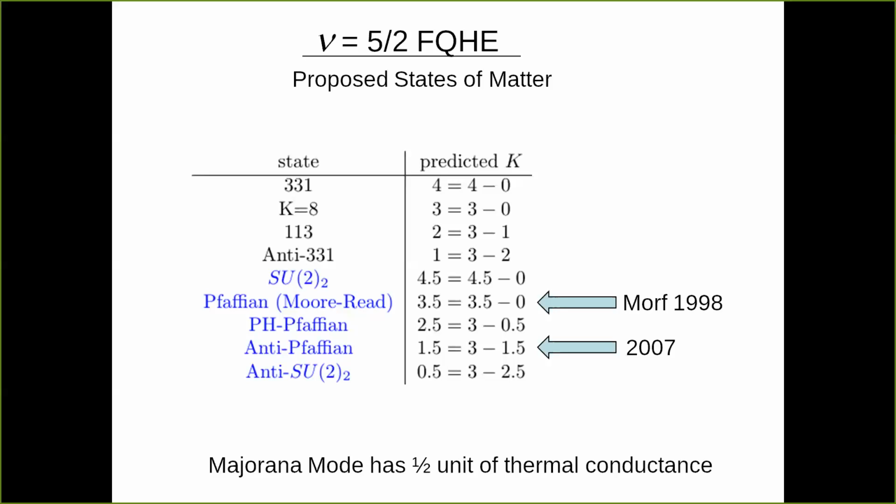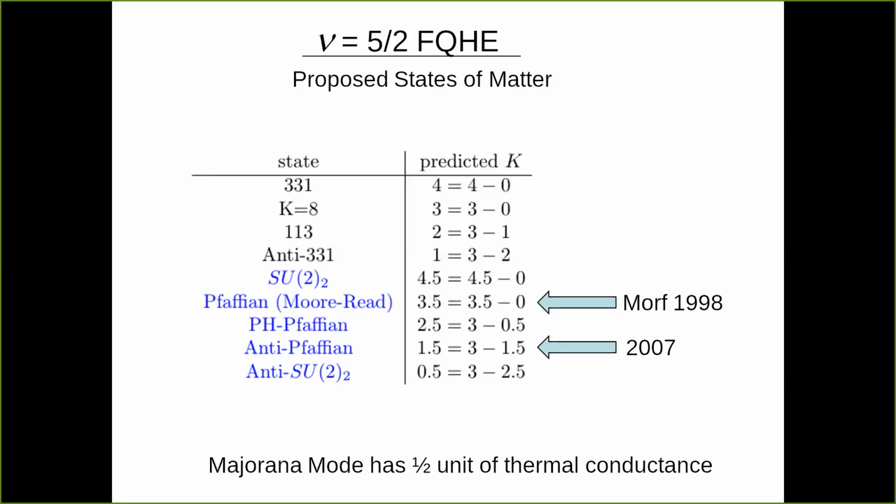And this would be equally in agreement with Moore-Read's data because typically when you do exact diagonalization on small systems, you work with a system that has complete particle-hole symmetry. And pure Coulomb interaction has complete particle-hole symmetry when restricted to a single Landau level. So there would be no way to distinguish from Moore-Read's data whether you're looking at the Pfaffian or the Anti-Pfaffian in the experiment. So both of these were equally in agreement with the experiment.